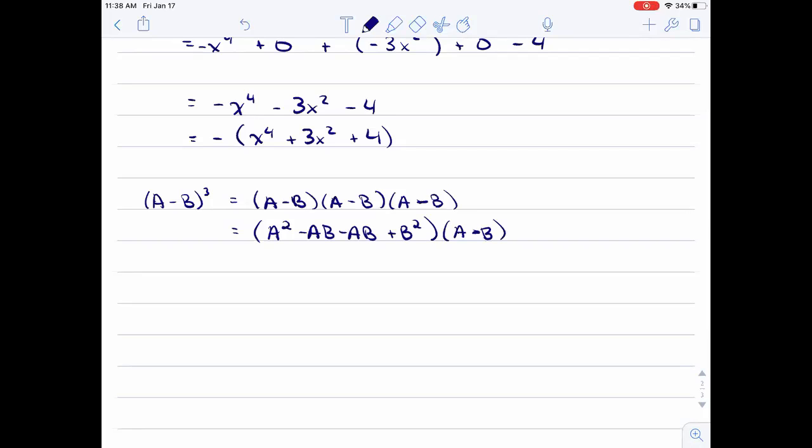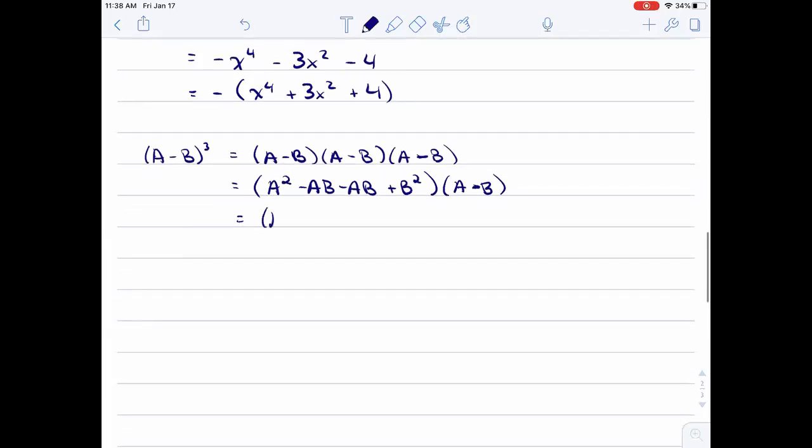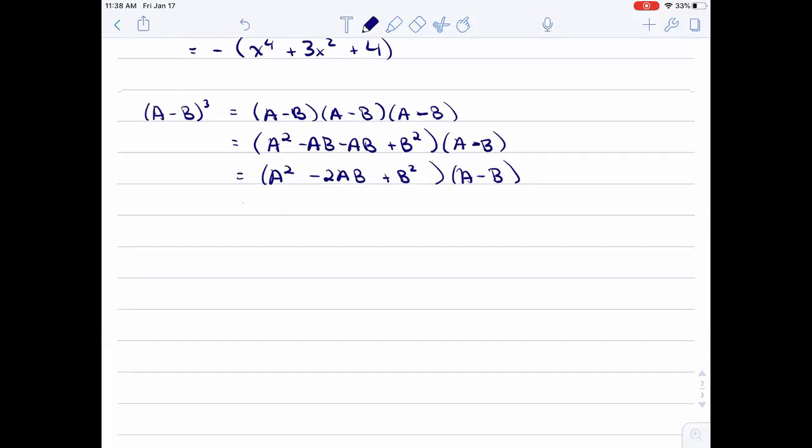Before I go ahead and do this, I'm going to simplify the ab term, right? Because that's just minus 2ab. And so what I get is a squared minus 2ab plus b squared, and then times that by a minus b. Now I can go ahead and say, okay, well, a squared times a is a to the power of 3. A squared times negative b is minus a squared b.